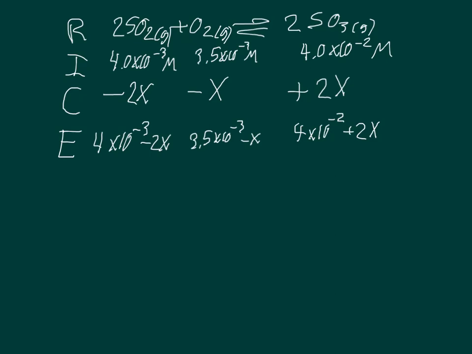Okay, so given that value of x that we just solved for, that x equals 6.3 times 10 to the negative fourth molar, we can go through and just plug it in for x over here, here, and here, and get our final concentration. So for the SO2, we can plug that back in.